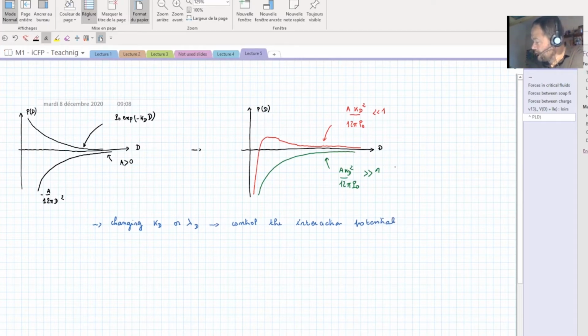So here, this situation, is that a situation with a large salt concentration or low salt concentration?